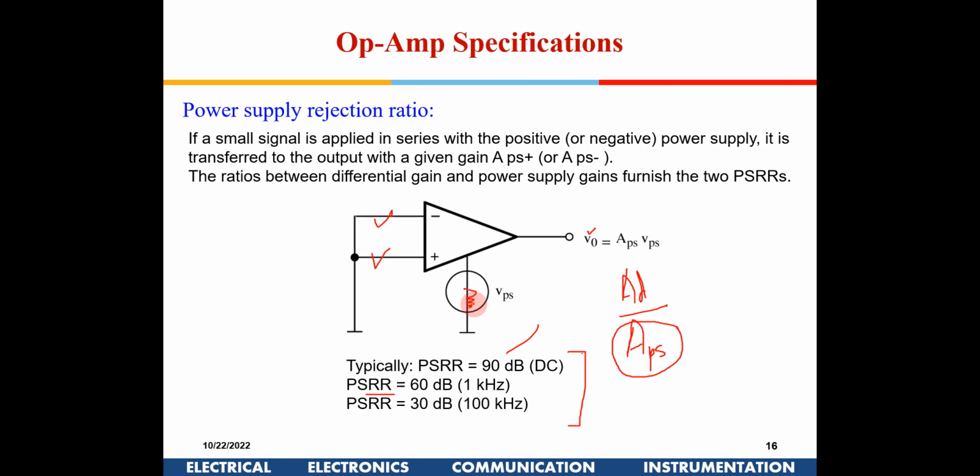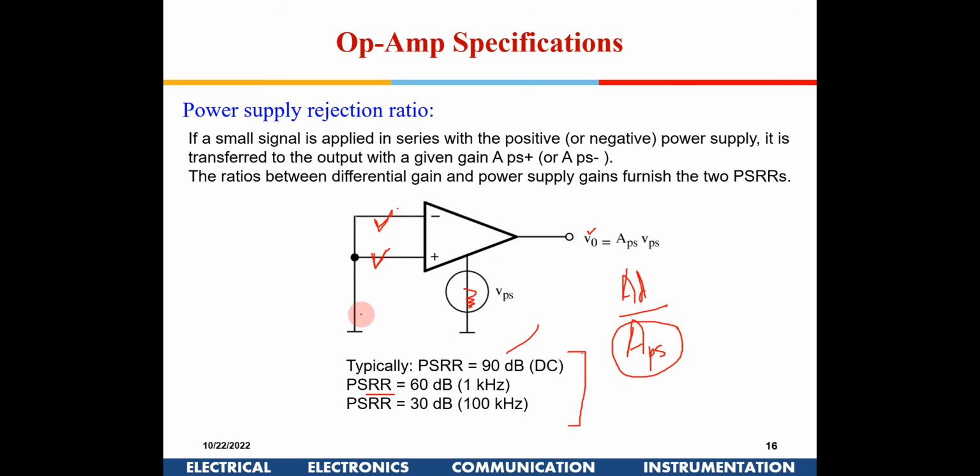So here we are keeping these two input differential signals at the same value. We have seen that for differential signals, the differential output should be 0, the advantage of differential inputs. But I am saying, see what is the power supply gain, APS. Power supply gain is when I give the same input.